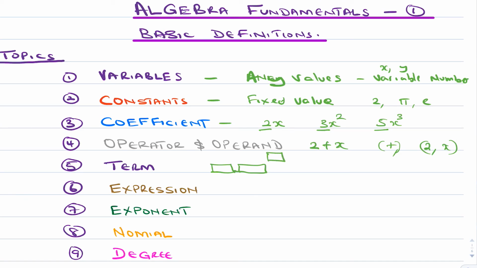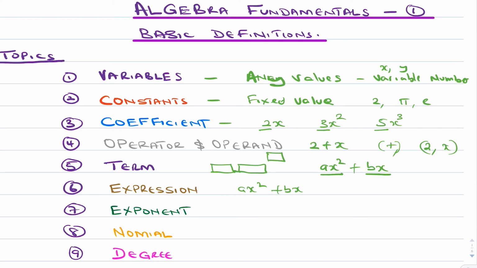So that would be one term. One term is called a monomial. 2 terms will be a binomial, and 3 terms will be a trinomial. And if you have many terms, we call it a polynomial. A good example of terms would be ax squared plus bx. These are 2 terms. Expression: ax squared plus bx is an expression.